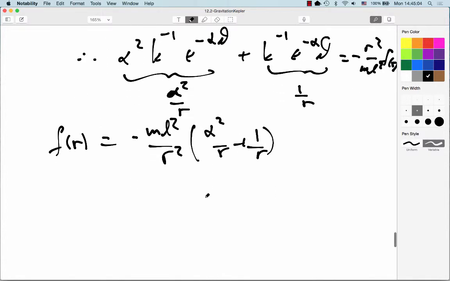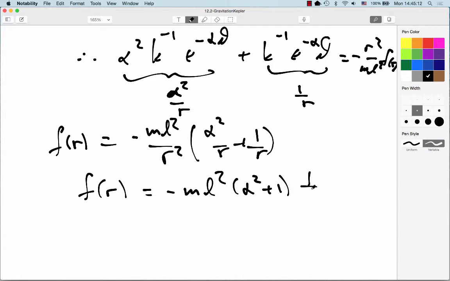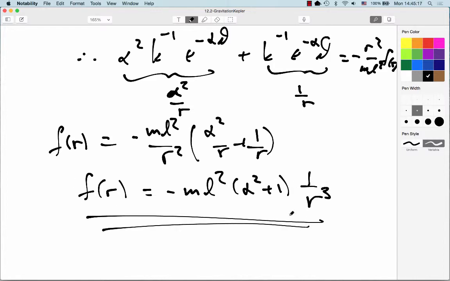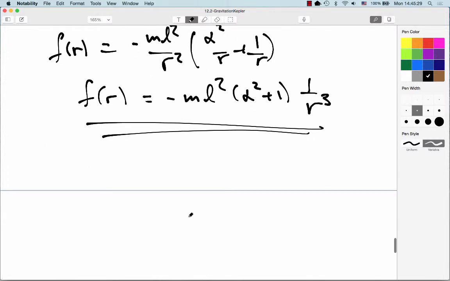So I can get that the force law is minus m L squared times alpha squared plus 1 times 1 over r cubed. So it turns out that if you've got a trajectory that's moving in that kind of a spiral, it's being caused by an inverse cube law force. So that's all well and good.